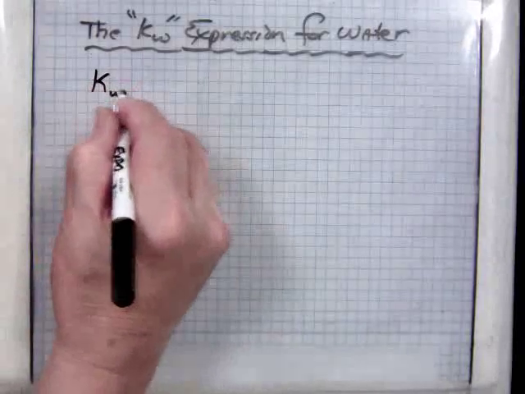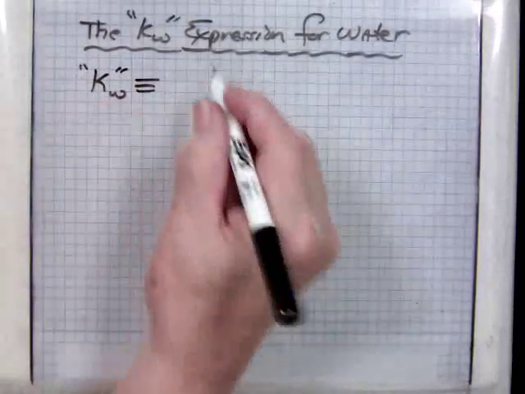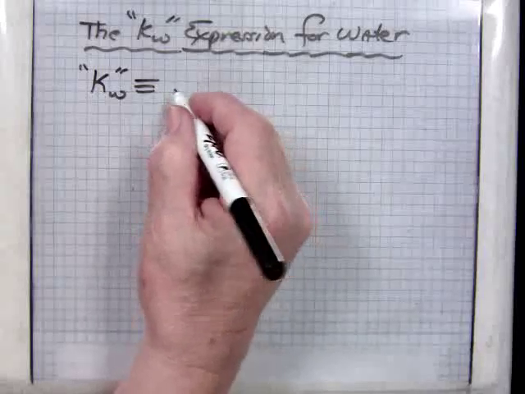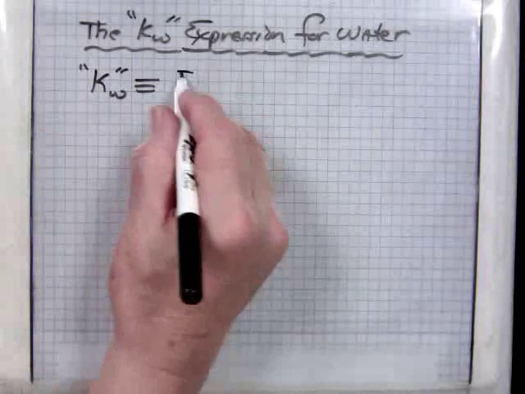Kw is defined as the ionization product constant for water. That's what it's called.